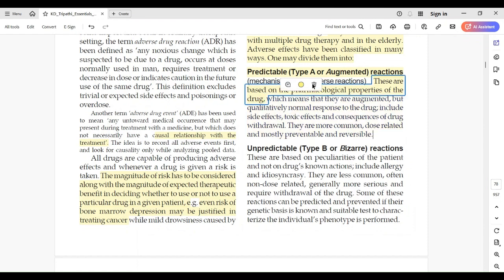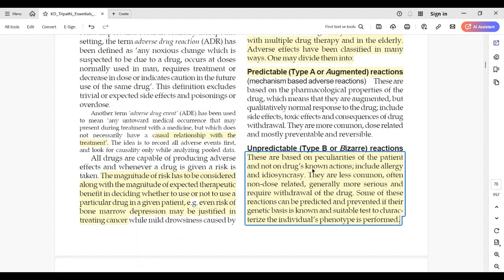The second type is unpredictable, type B or bizarre reactions. These are based on peculiarities of the patient and not on the drug's known actions.